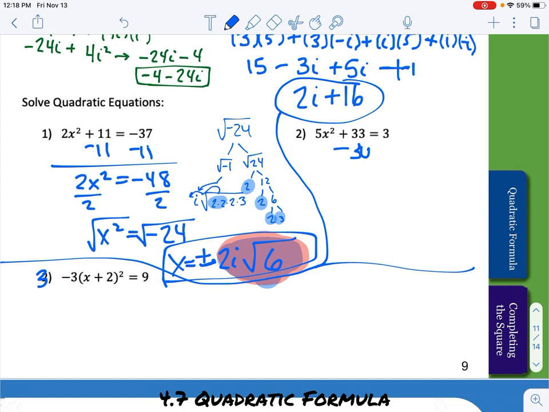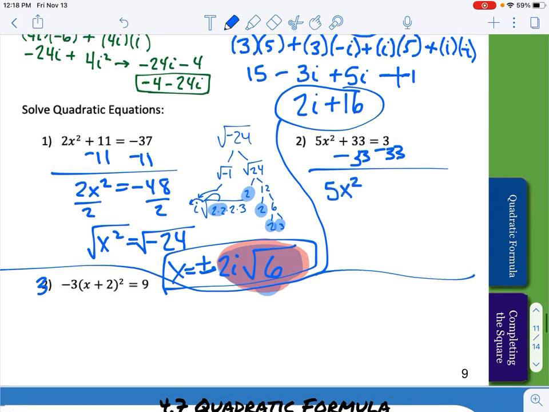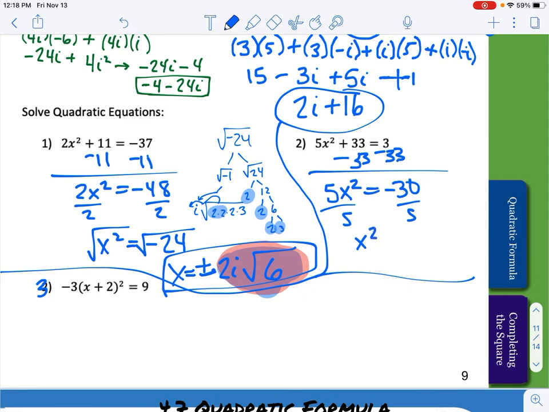The next one, we subtract 33 on both sides. So we have 5x squared is equal to -30. Divide by 5, divide by 5. Notice you're going to have x squared equal to a negative, which means when we take the square root, we end up getting x is equal to the square root of -6.